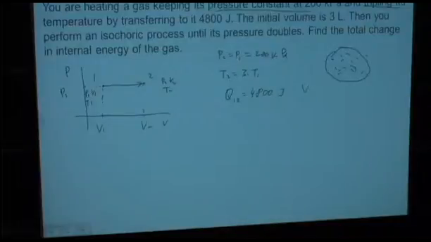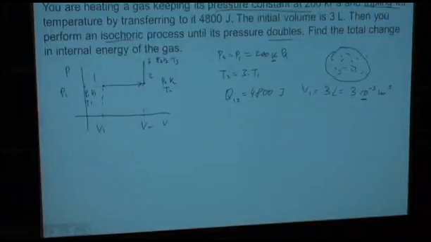And the initial volume, which is handy because this factor cancels with kilopascals. Okay, and then, okay, we don't stop. Then we perform an isochoric process. Well, we need to know the name. Isochoric means constant volume. So this, and the pressure increases, so we go up. That's the third state, P3, V3, T3.